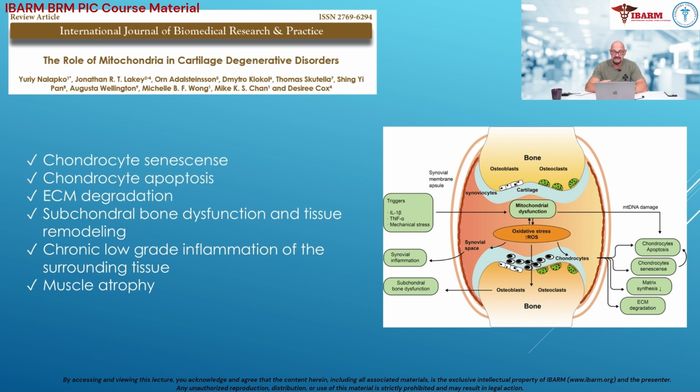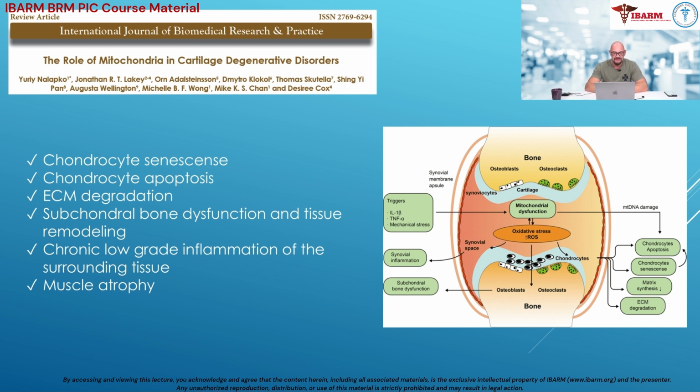So chondrocytes develop the so-called SASP, senescence-associated secretory phenotype. It's the predominant chondrocyte apoptosis, programmed death of the chondrocytes, plus the senescence of the chondrocytes and loss of ability of generating new naive chondrocytes.